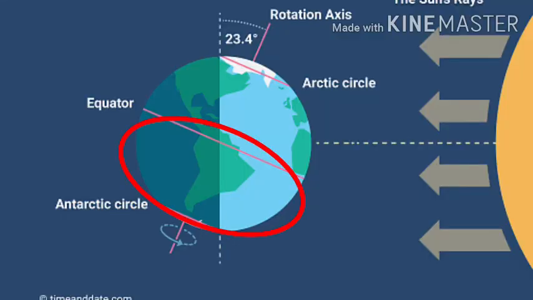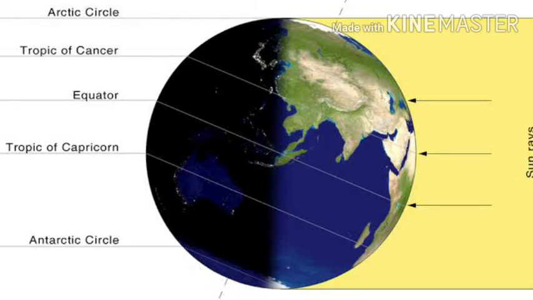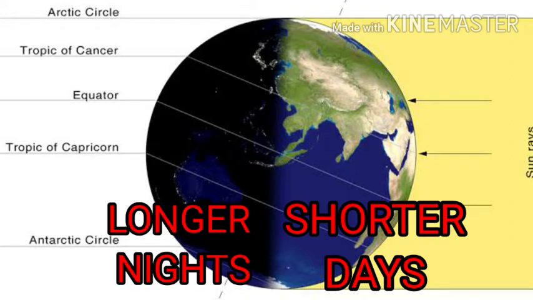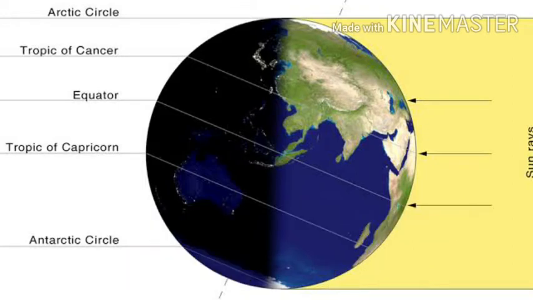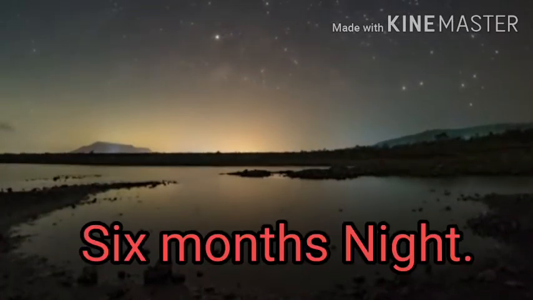The situation is just opposite in the southern hemisphere, as it is away from the Sun. That's why during this time the southern hemisphere experiences shorter days and longer nights, and the South Pole has continuous night for 6 months.